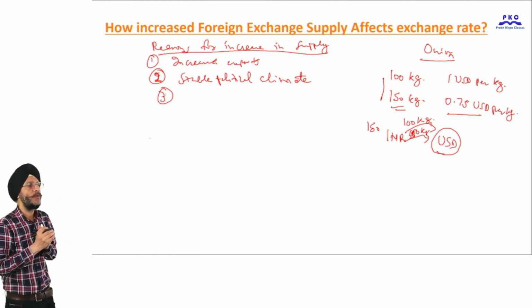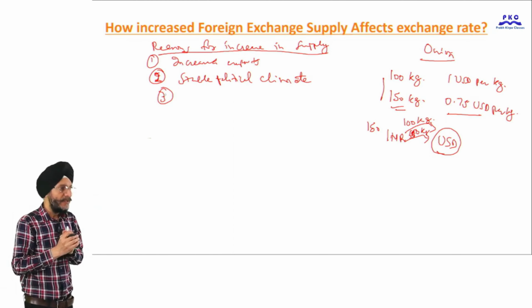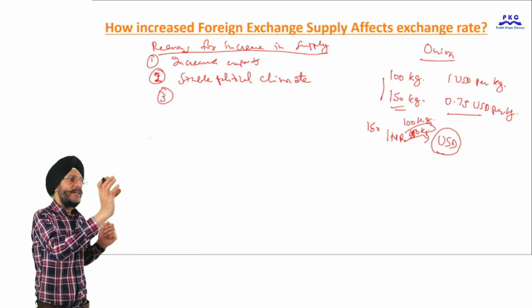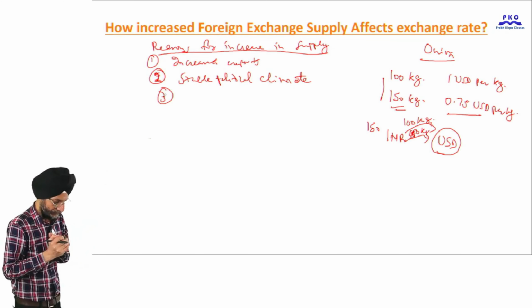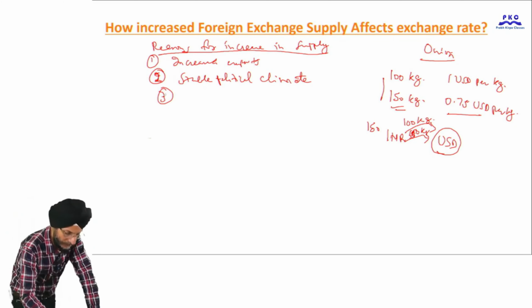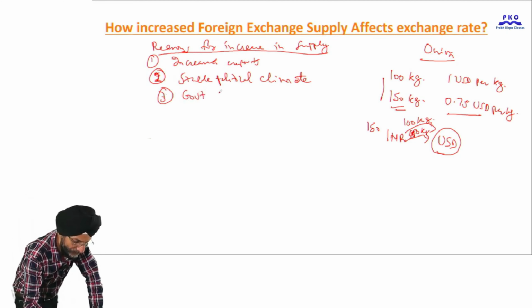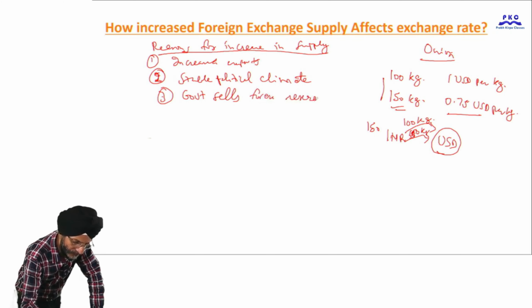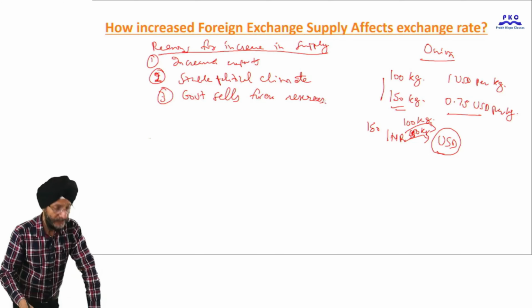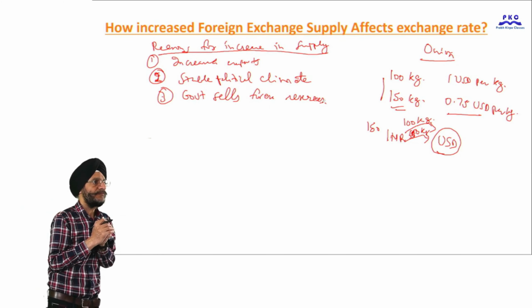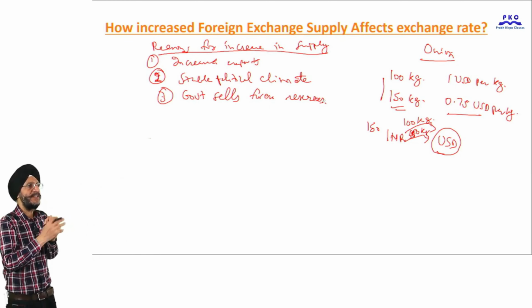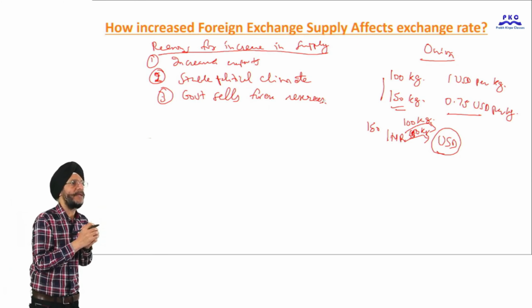It may also be possible that, as you know, every government has foreign exchange reserves. If the government of the country sells the forex reserves they hold, what will happen? The supply of foreign exchange will increase. So these are the certain reasons why foreign exchange supply increases.